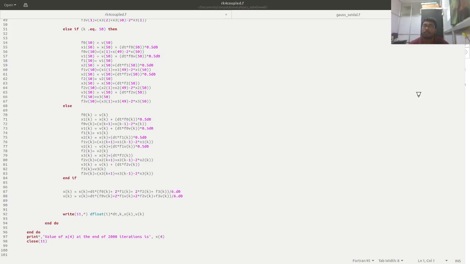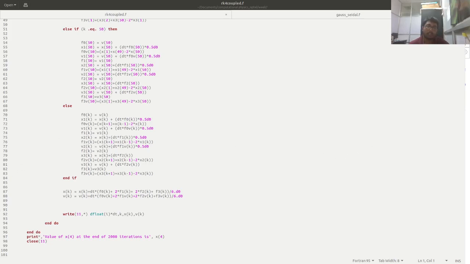So this way you are going to update the value of y. Here you see all of the things are repeated from the previous class. How you define f0, f1, f2, f3, you can see from the previous lectures.